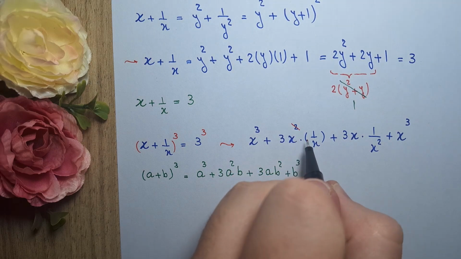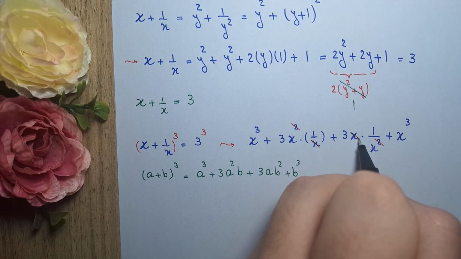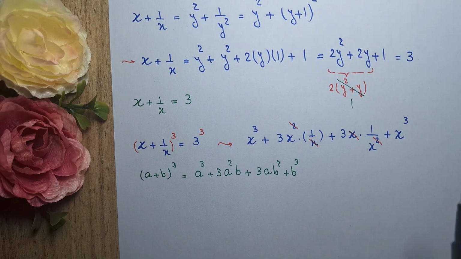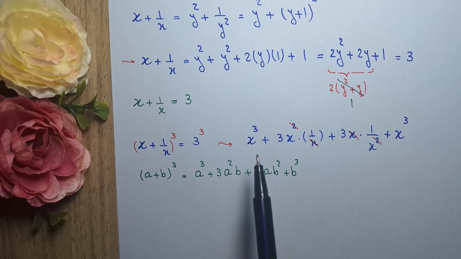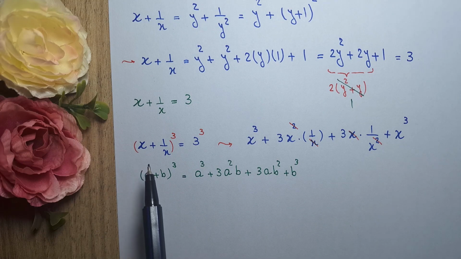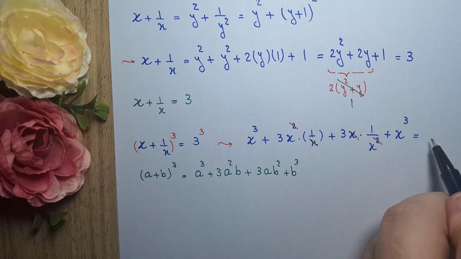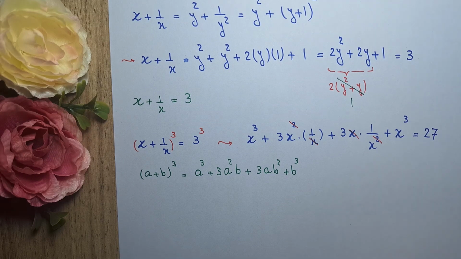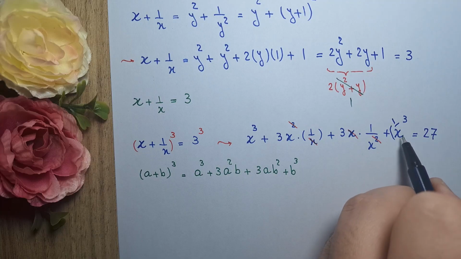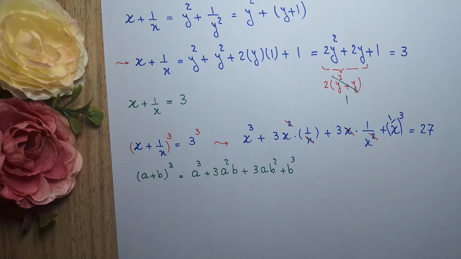Now we can simplify this equation like this. And we know that this term is the left side of the equation, and this is equal to 3 power 3, or 27. This is 1 over x power 3.